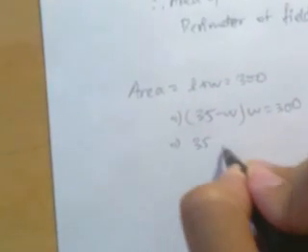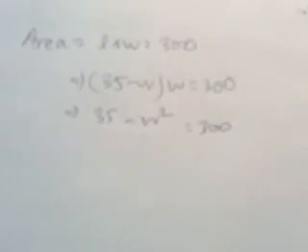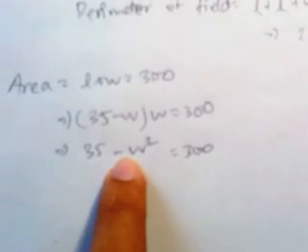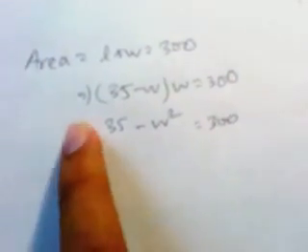That is 35W minus W squared equals 300. Now we have to move all the terms to one side and keep 0 on the other side. That will be done for our convenience. We have to make sure the a value, that is the coefficient of the square term, is a positive number. So we're going to move the 35W to this side as well.